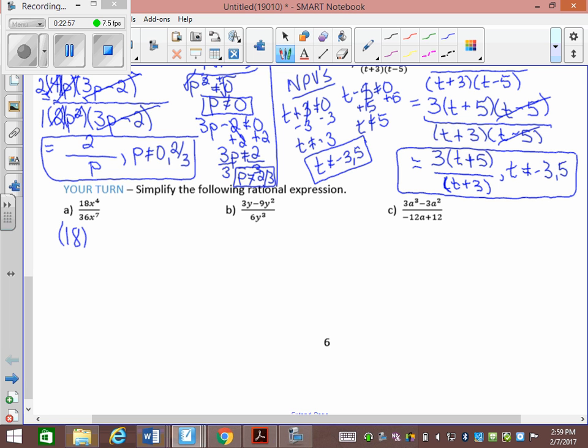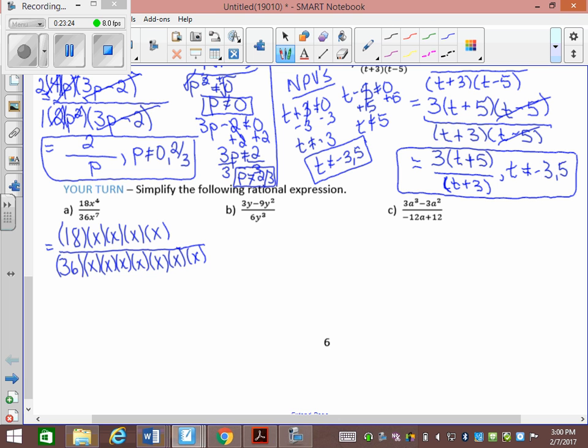So I could write it like this if I wanted to: 18 times x times x times x times x, 4 x's. And in the bottom, I could technically go 36 times x, 2, 3, 4, 5, 6, 7. It's not time consuming at all. But if you'd really like to do it that way, you can go ahead.